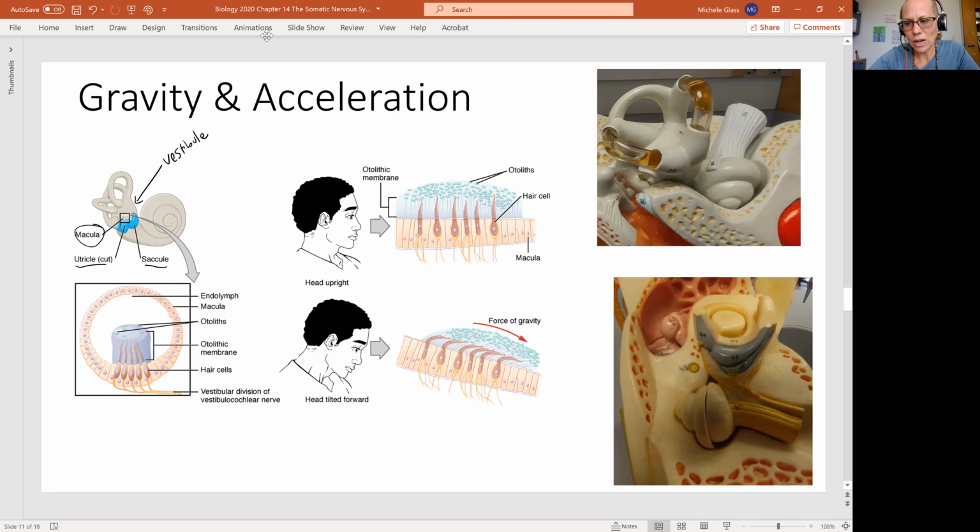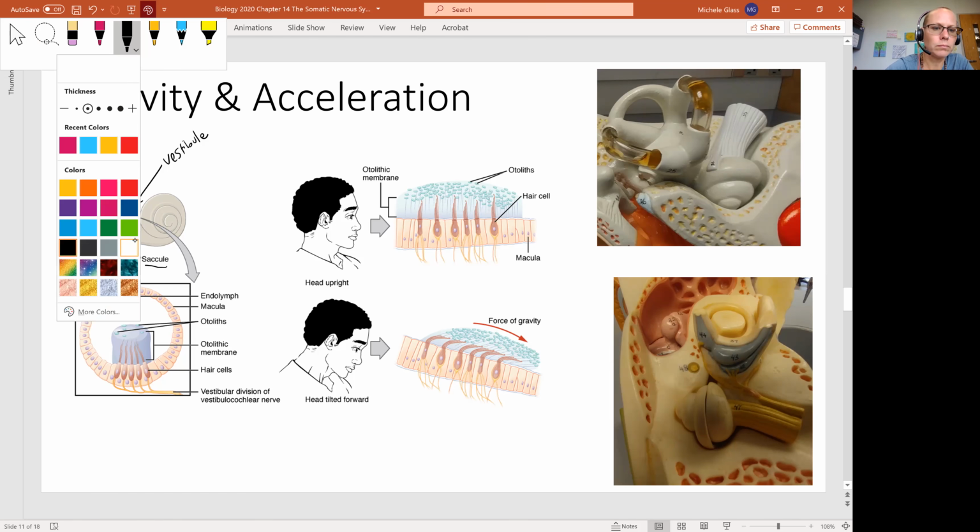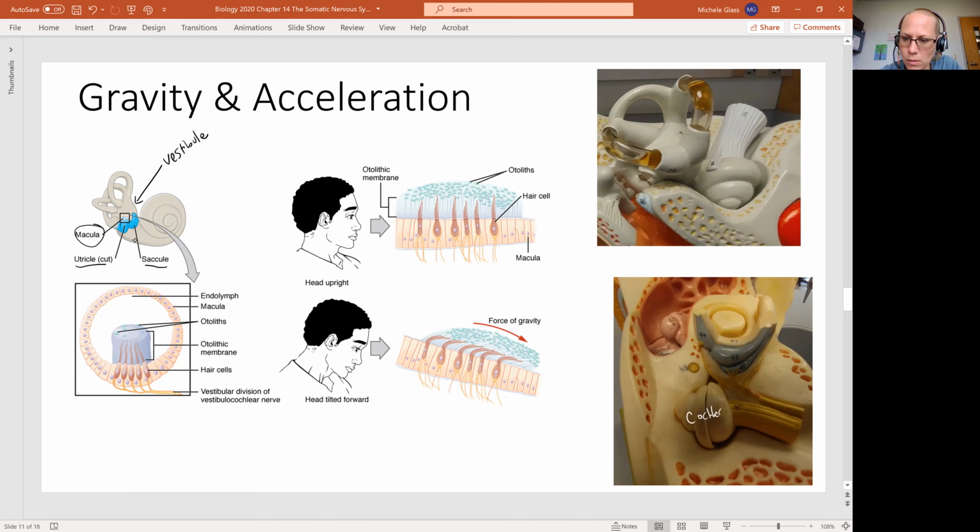So over here in this particular piece of our model, we can see our cochlea. They make that a little bit more visible here.